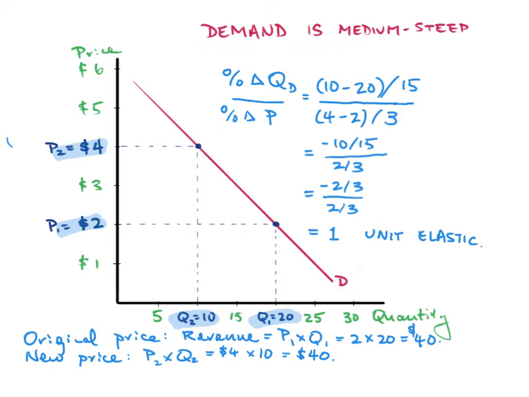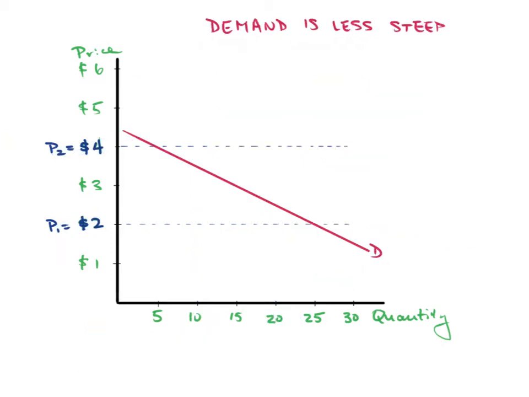Okay, so anyhow, I've talked about this moderately steep demand curve. Next, I'm going to go to one that is more shallow. Okay, demand is less steep. I'm going to calculate what the elasticity is for this demand curve when the price increases from $2 to $4.